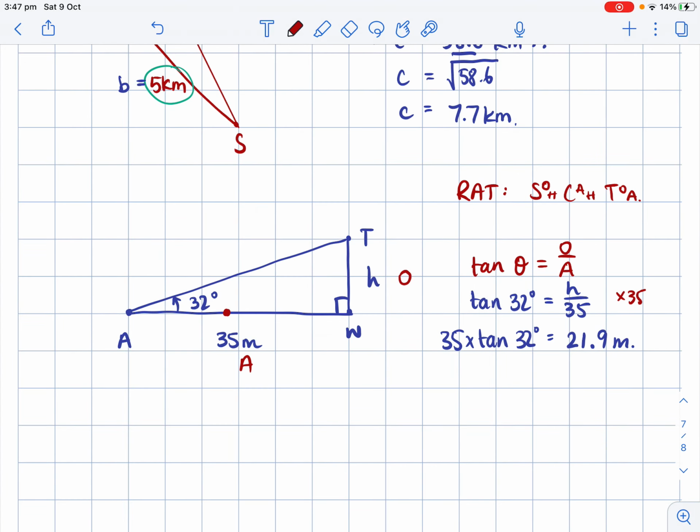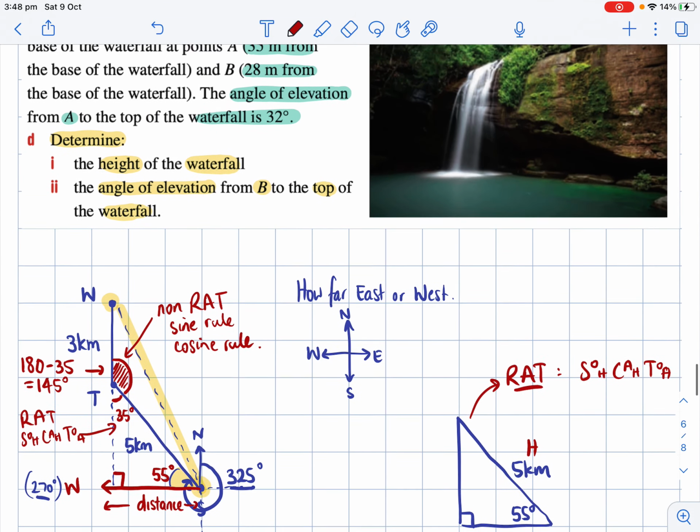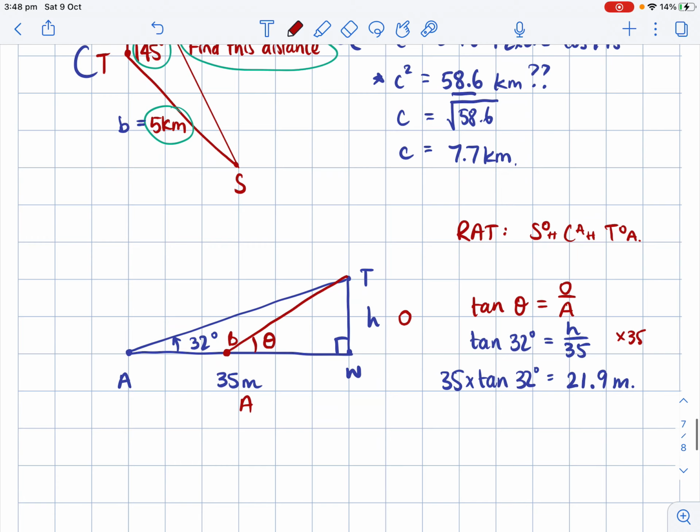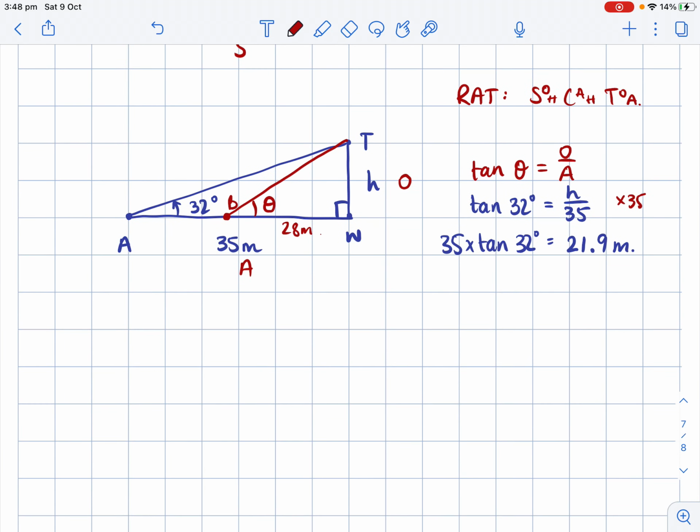Well, we know that B was closer, which is here. So I'm going to actually now find the angle up to this point in my diagram, and we know that the distance of B from the base is 28 metres. So we can put that on my previous diagram, or I can just redraw my own simplified diagram that only has the information that I need.